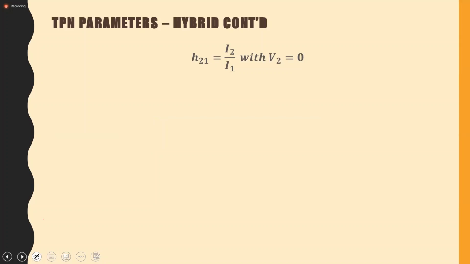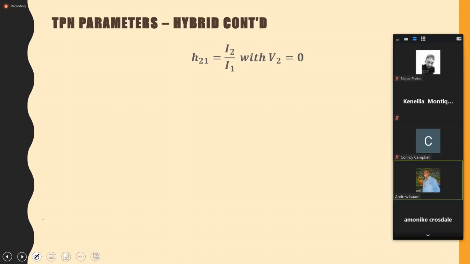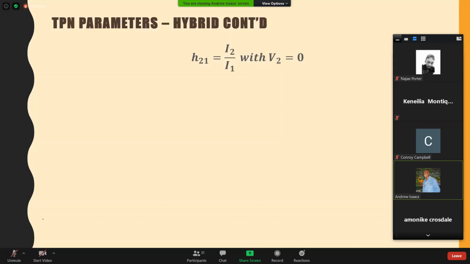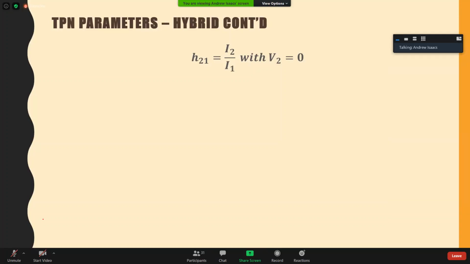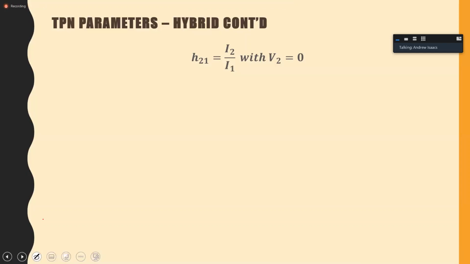It is 2 over 1. Well, before I deal with the 2 and 1, it's I over I. So again, it's a gain. Everybody agree with that? Yes, sir.